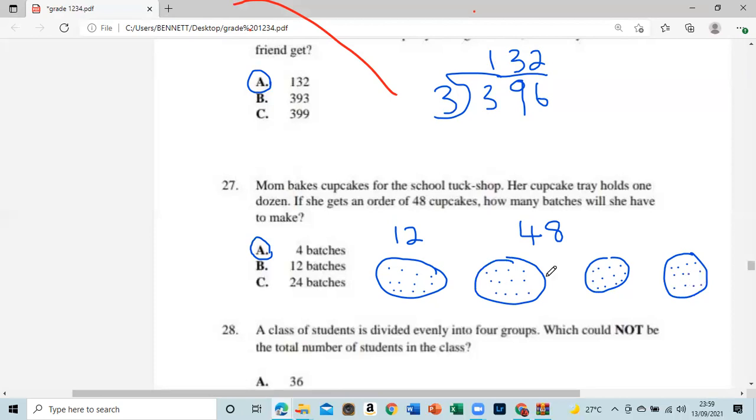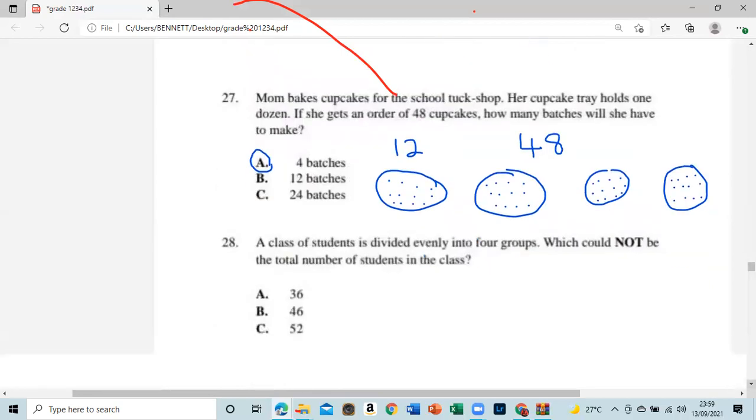So it will be 4 batches to give you 48. If you add all of these, you get 48. So it's 4 batches. Alright, let's move on to 28.